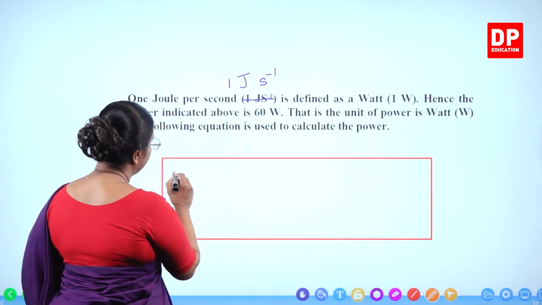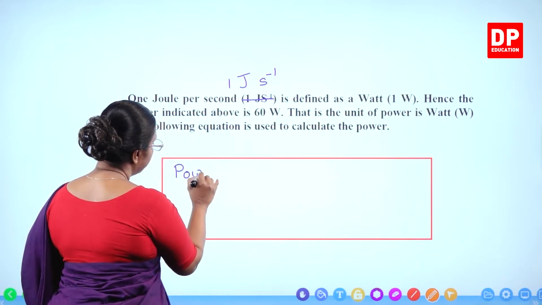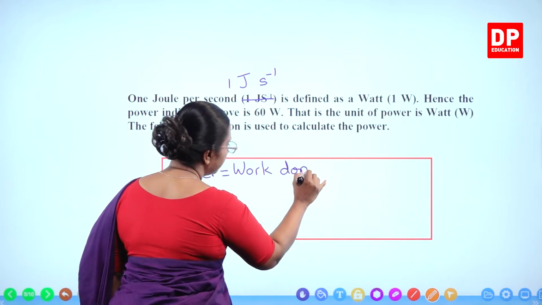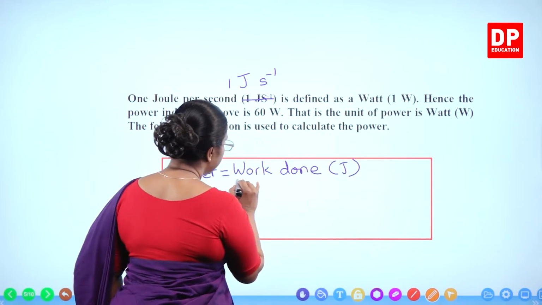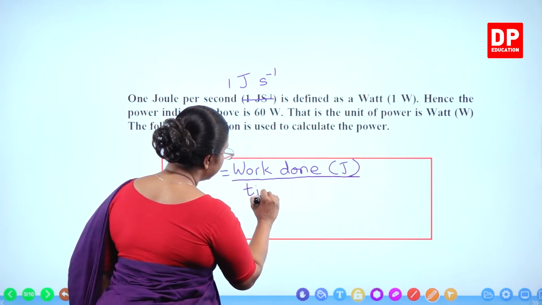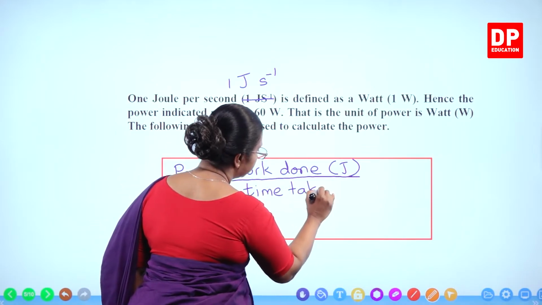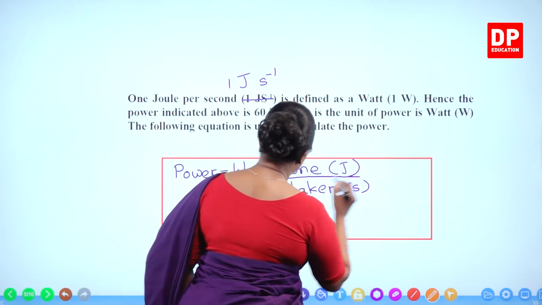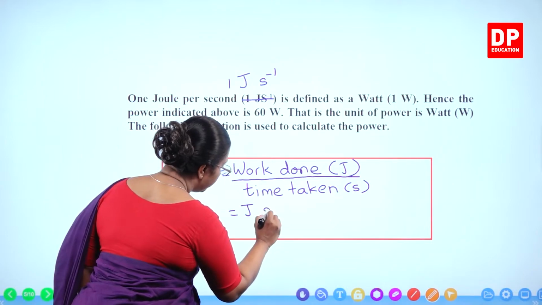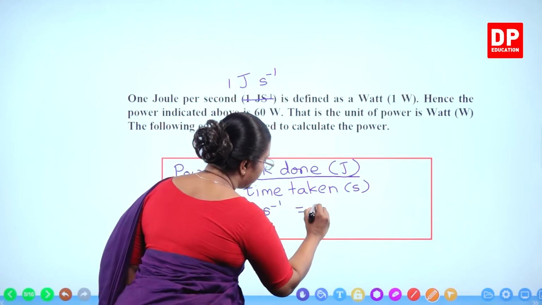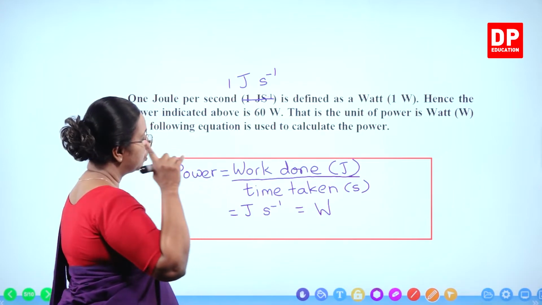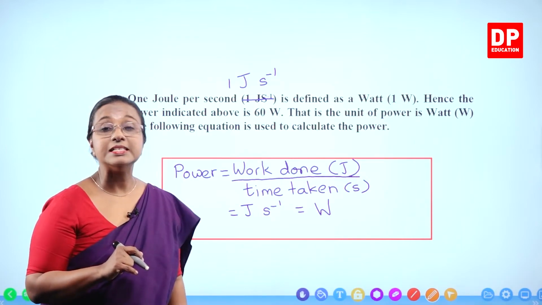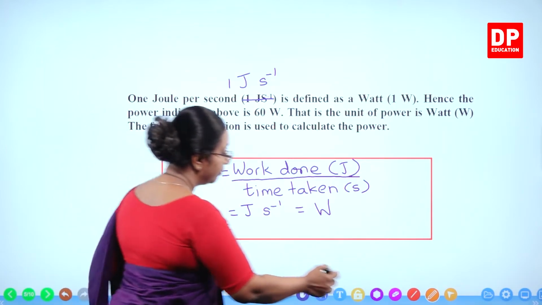Power is equal to work done, in joules, divided by time taken, in seconds. So if you divide it, you will have the unit joule per second, which is equal to watts. 1 joule per second will be equal to 1 watt. That is the SI unit of power. So you have to remember that.